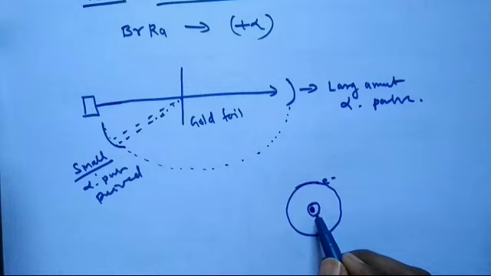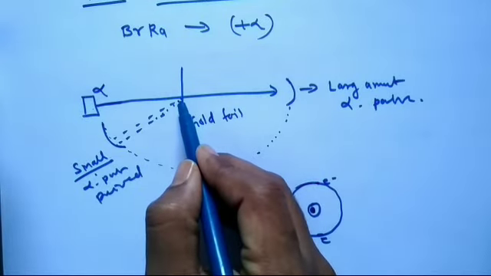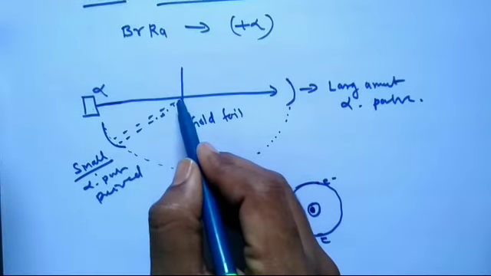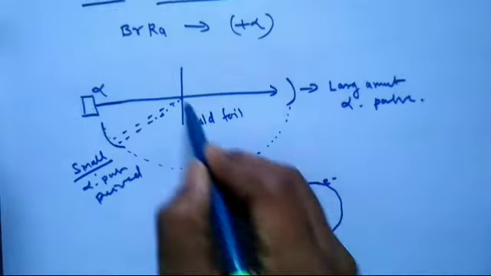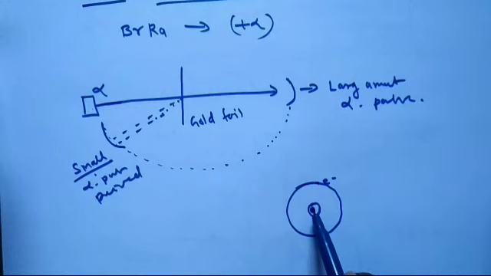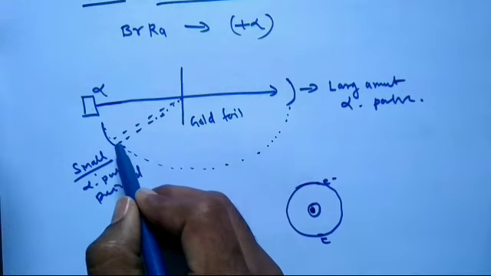That nucleus consists of a large density of positive charge, because the alpha particle is positive, and because of that it gets repelled from this solid part of the gold foil, which is nothing but a positively charged nucleus, and it is repelled toward this detector.